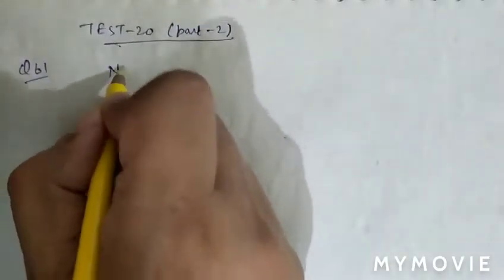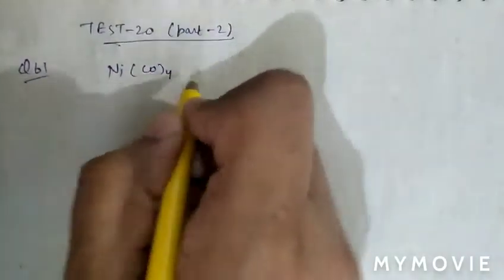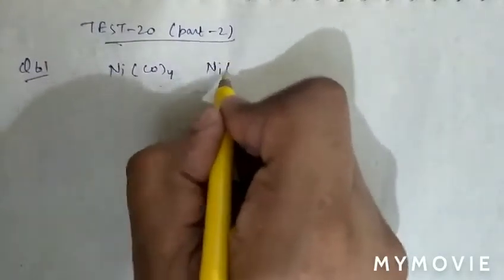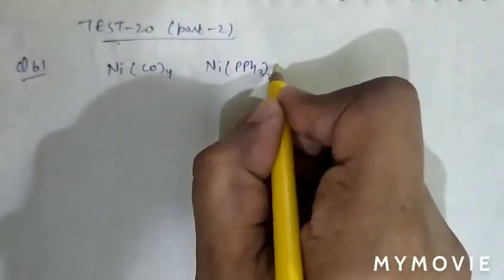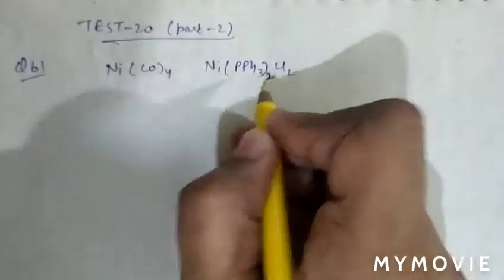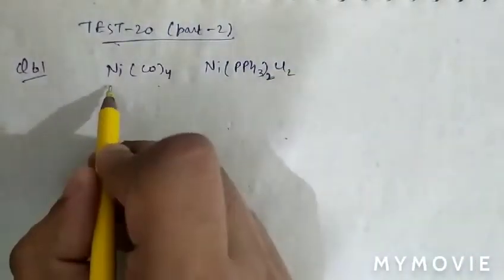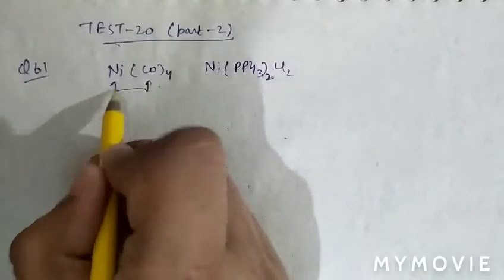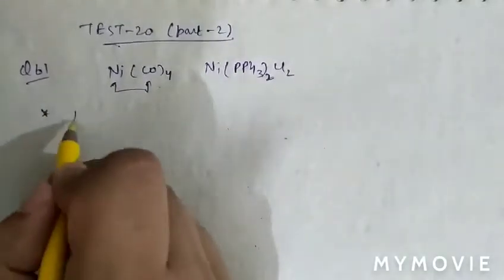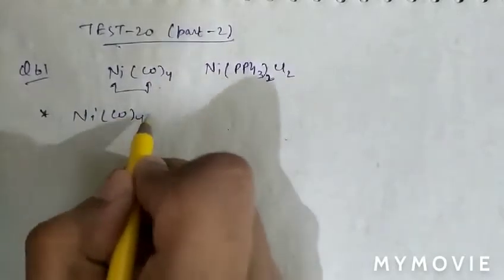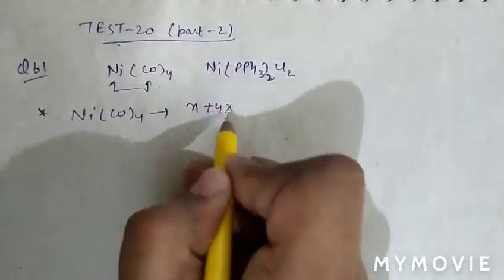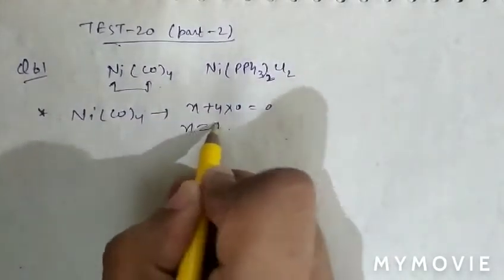The geometry of Ni(CO)4 and Ni(PPh3)2Cl2. As we can see, we first need the oxidation state of Ni. When we calculate in Ni(CO)4, it is x plus 4 into 0 equal to 0, so x will be 0.